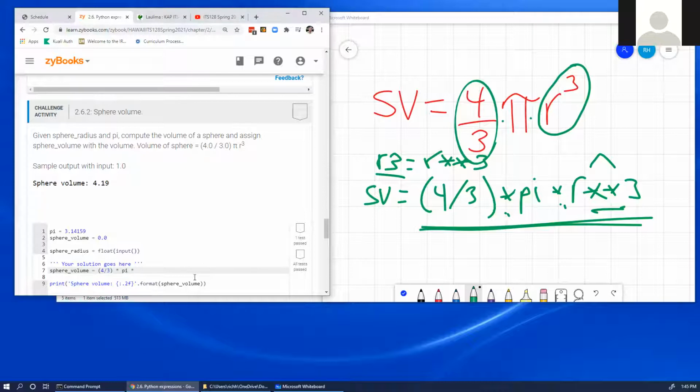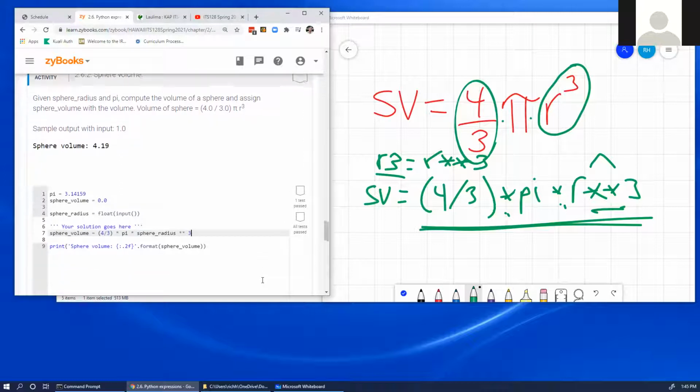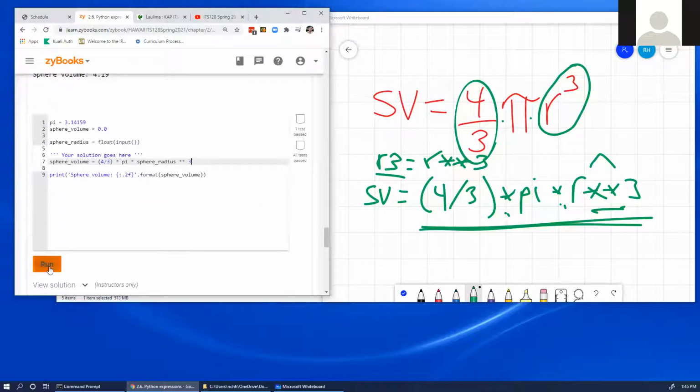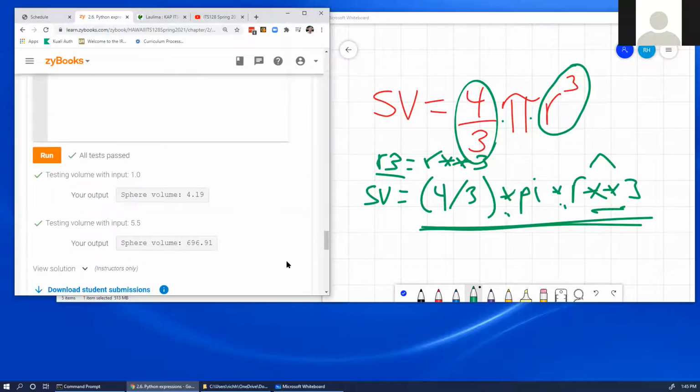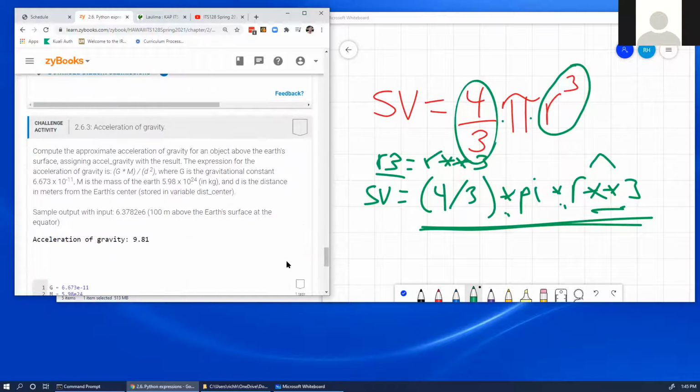Oh, okay. What's r? Oh, it's a sphere radius. It's this thing. Times sphere radius to the third power. I think that's right. I think that'll work. Let's see if it does run. Oh, yes. Very good. Okay.